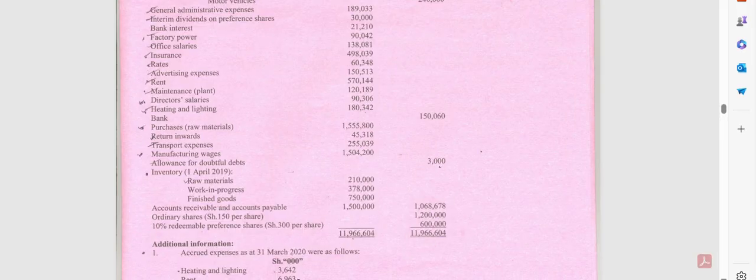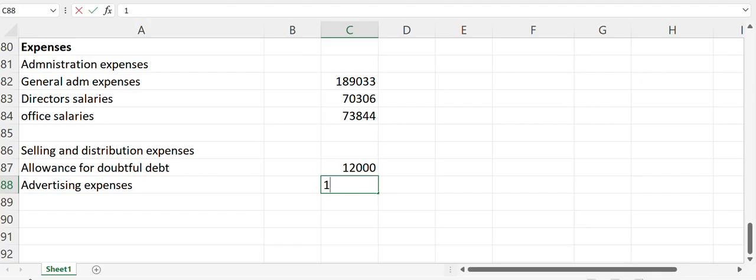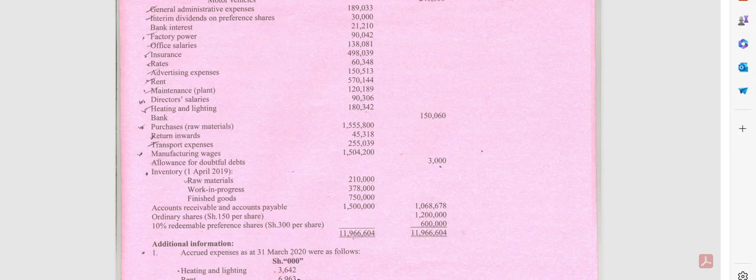So advertising expenses, it is 150,513. Then we also have, which was the other one? We had advertising. So under office salaries, remember we had salesmen salaries.